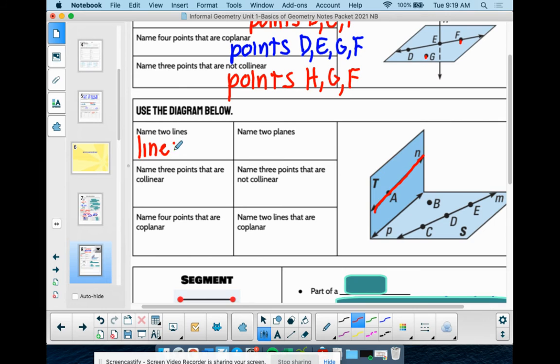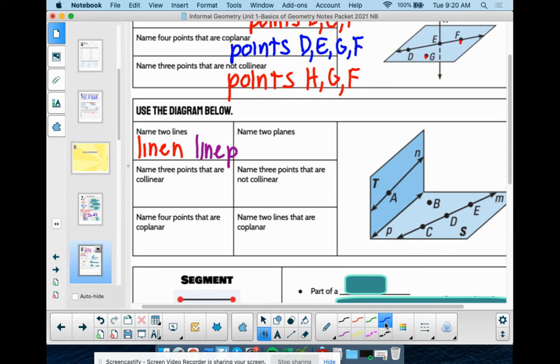What's another line? Line P, or line M. Both of those are good. You guys pick which one you want to use. Line P. Perfect. I think P is the plane, isn't it? No, that'd be plane S.